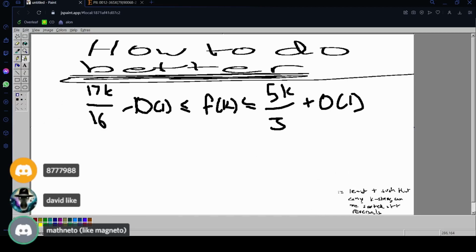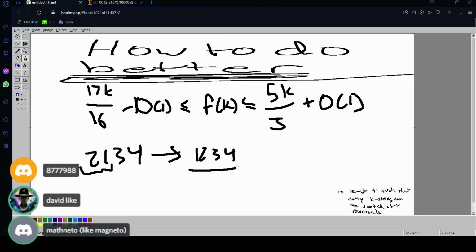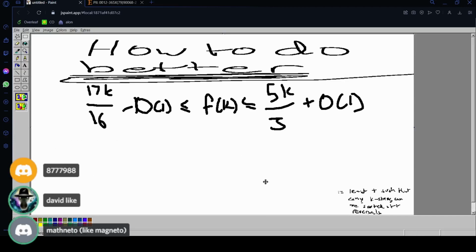A prefix reversal: if I have 2, 1, 3, 4, I can look at just these first two things and reverse them, because it's a prefix, the start of the string. That would get us to our sorted string, which is what we want.